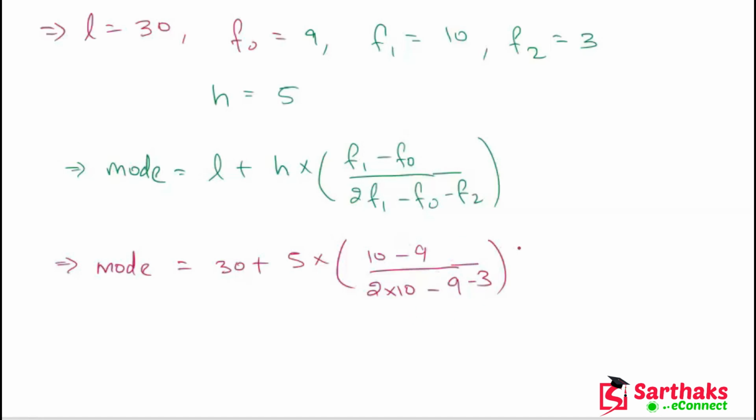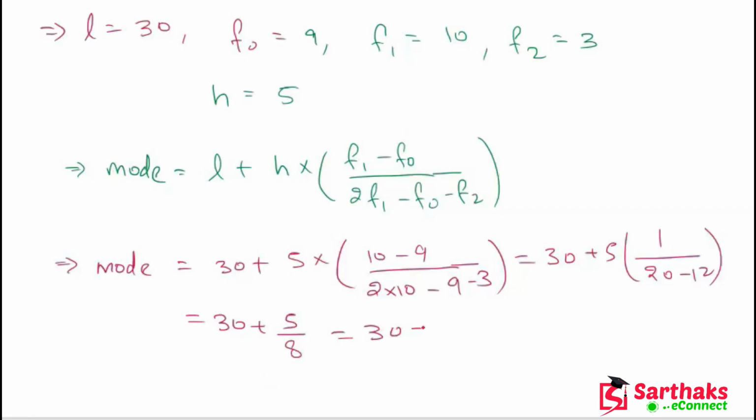After solving this we get 30 plus 5 into 1 over 20 minus 12, so 30 plus 5 upon 8, which equals 30 plus 0.625, which is 30.625.